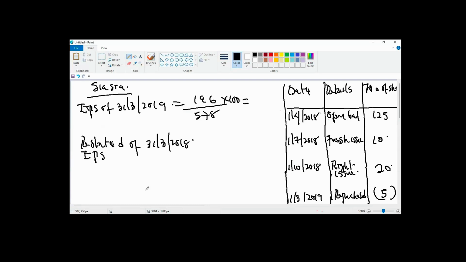Yes, in the requirements, it gave me that, which is 1.6. So I will say 1.6 times reversal 19.23 over 20 times 1 over 4. That will give me the restated EPS.